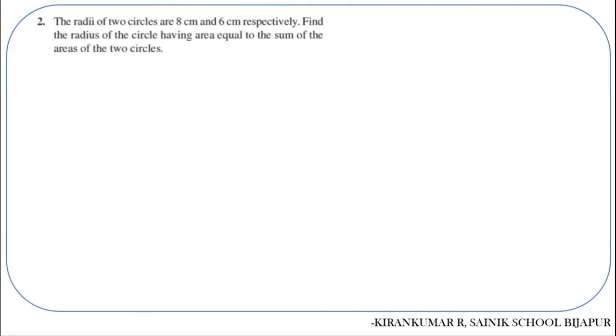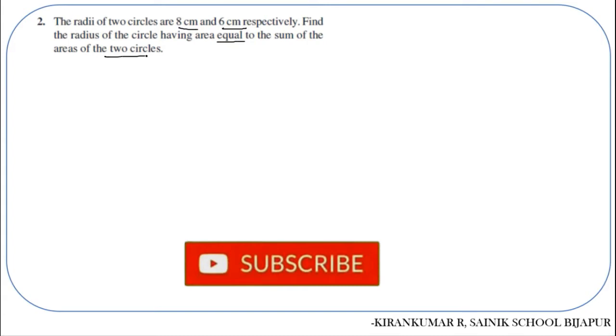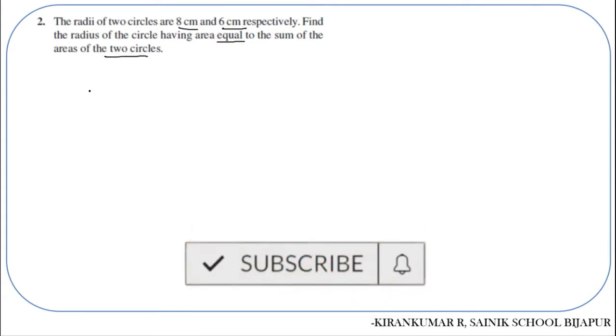Question number 2. The radii of two circles are 8 centimeter and 6 centimeter respectively. Find the radius of circle having area equal to sum of the areas of two circles. In the earlier question it was circumference. Now in this question we have to consider the areas.